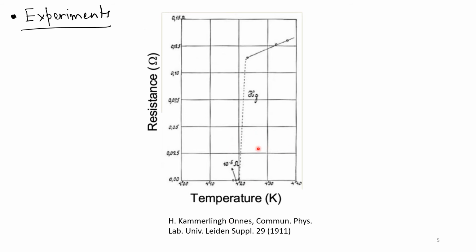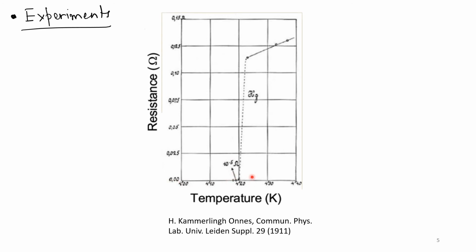So pretty much accidentally, he was doing low temperature measurements on mercury, and as he was reducing the temperature, right at 4.2 Kelvin, he figured that suddenly the resistance completely dropped to almost insignificant resistance.